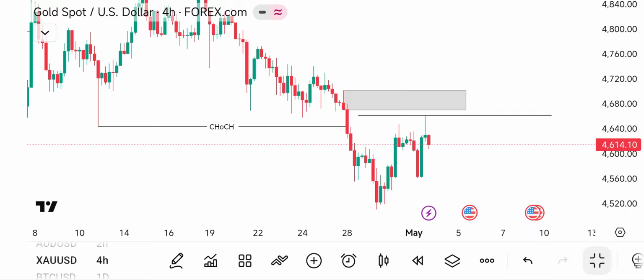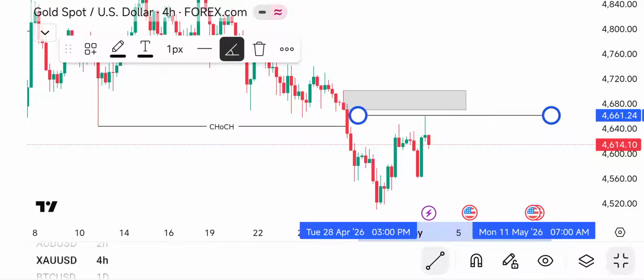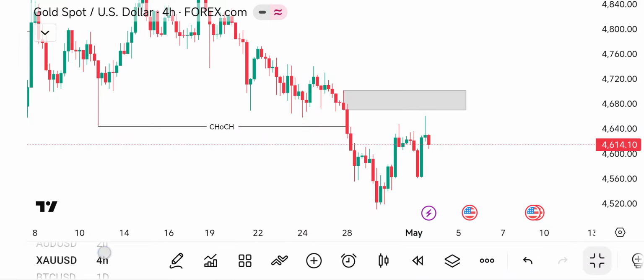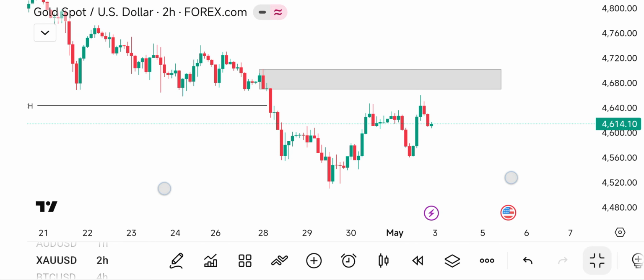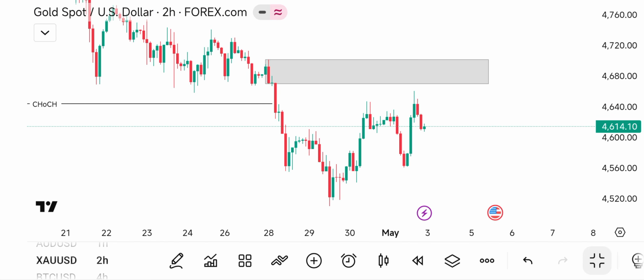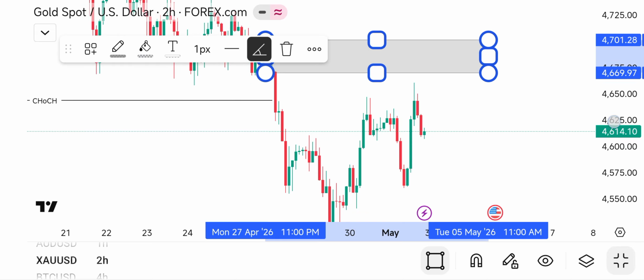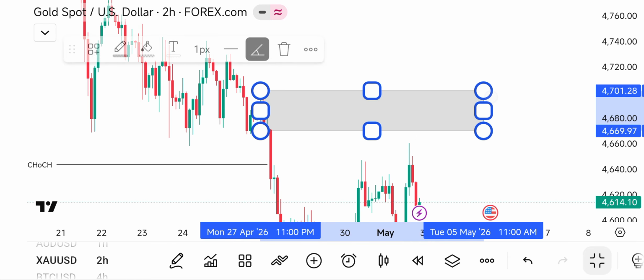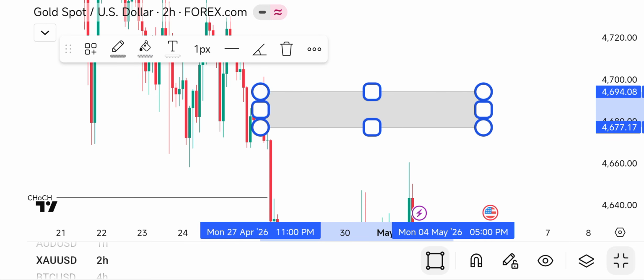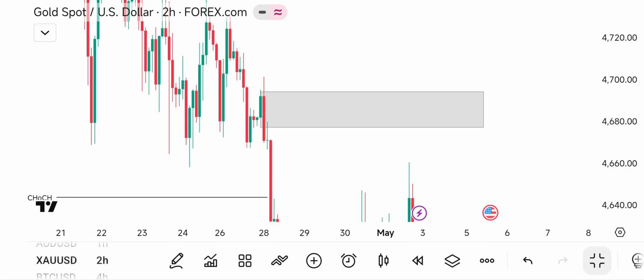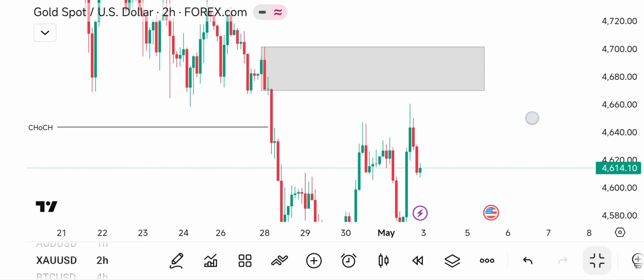So on this 4-hour time frame, we now go to the 2-hour time frame. So on this 2-hour time frame, let's just leave the 4-hour supply zone. Let's leave this other block like this. Let's not refine it, because price has not gotten there for us to look for entry there. So let's just use the 4-hour other block.